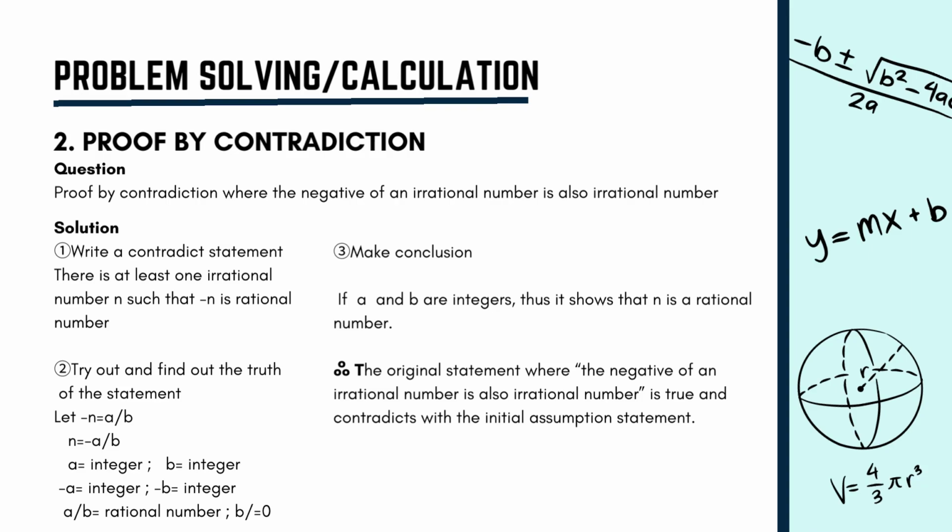Let negative n equal a over b, so n equals negative a over b, where a is an integer, b is an integer, negative a is an integer, negative b is an integer, a over b is a rational number, and b is not equal to 0. Step 3, make a conclusion. If a and b are integers, it shows that n is a rational number. The original statement, that the negative of an irrational number is also irrational, is true and contradicts the initial assumption.